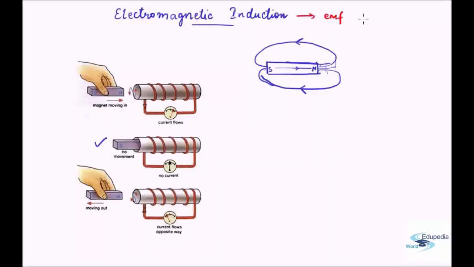EMF induced in a coil by changing magnetic flux. And what exactly is magnetic flux? Magnetic flux is the net number of magnetic lines passing through the system. That is the magnetic flux.